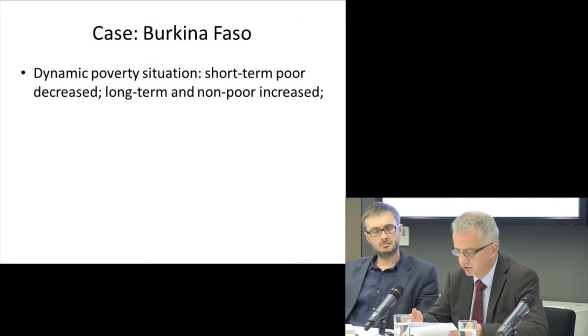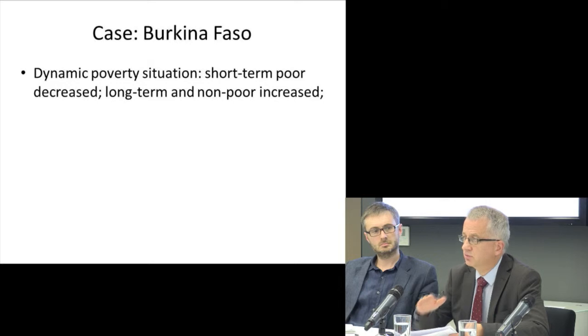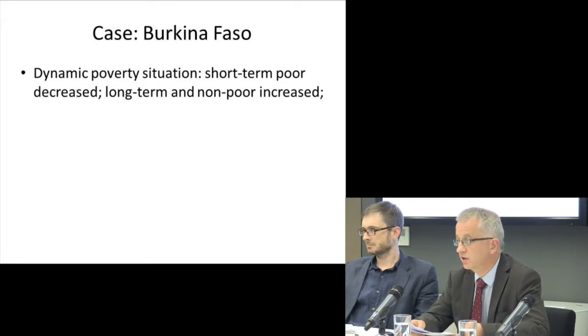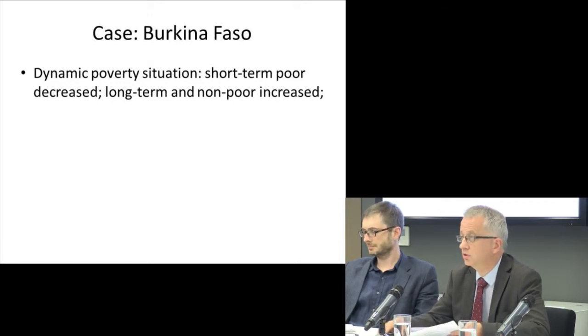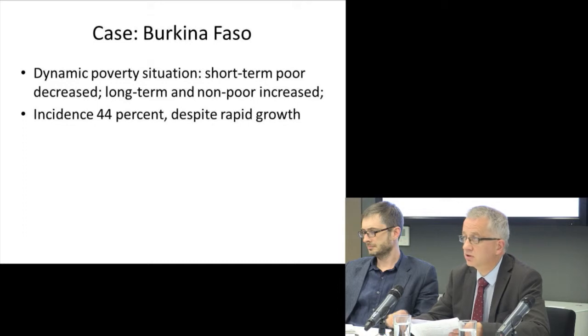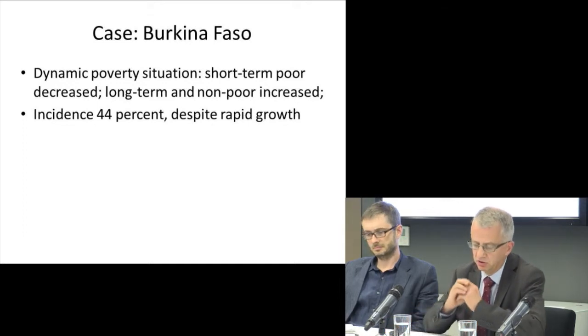The real growth is something like 2.8%, but still quite impressive. And at the same time, the household surveys show a fairly stable poverty incidence over the years, even leading up to the last 2009-10 household survey. So it stays at some 44%, despite this rapid growth.